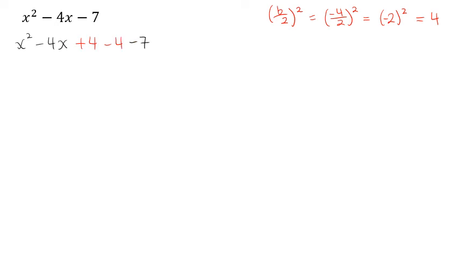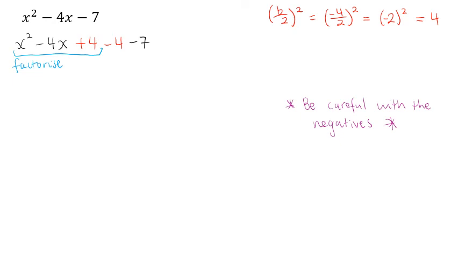My next step is to factorize this first part here. So I'm looking for two numbers that multiply to positive 4 but add to negative 4. So it's important to be careful with the negatives here. So x minus 2 is the answer I'm looking for.